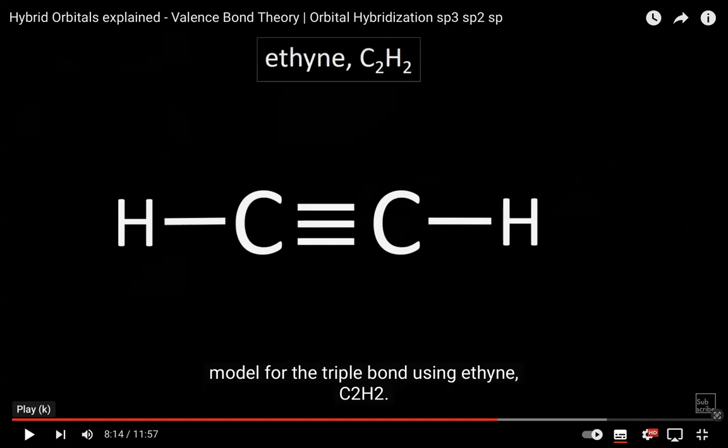If the carbon, nitrogen, or oxygen has 1 pi bond, it means 1 p orbital is left unhybridized, so it undergoes sp2 hybridization. And if it has 2 pi bonds like this, it means 2 p orbitals are left unhybridized, so in that case it undergoes sp hybridization. Understandable?